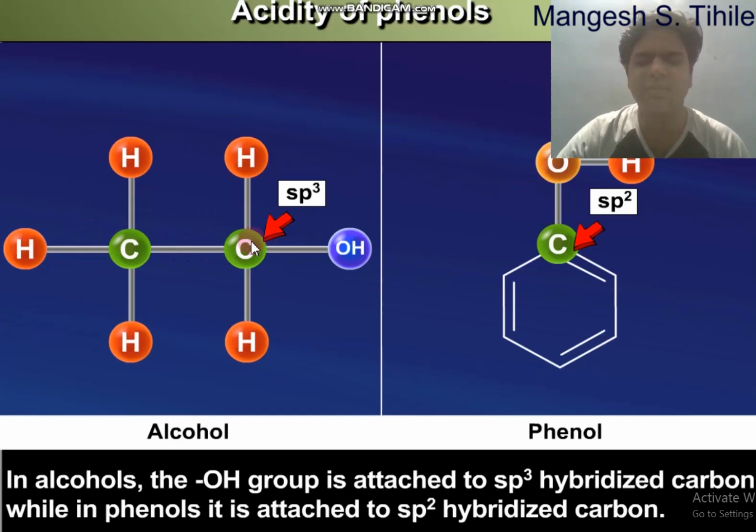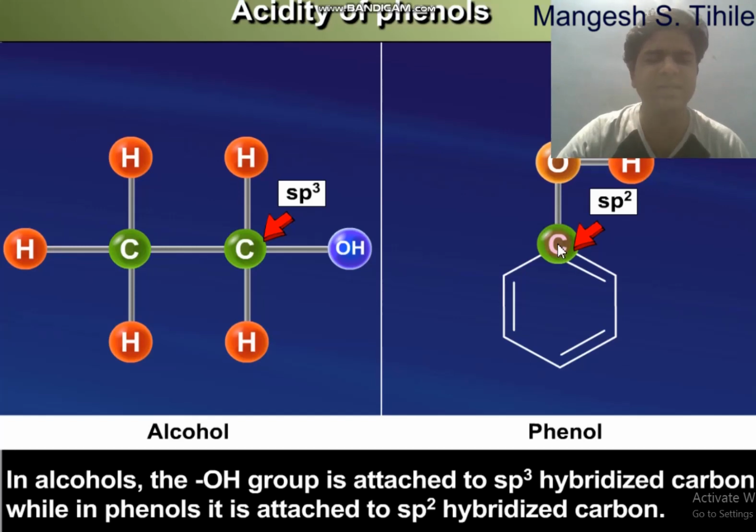The carbon in alcohol, which is sp3 hybridized, is already saturated, and by virtue of its saturation it does not require any more electrons from the hydroxy group, whereas the carbon atom in phenol is electron deficient in nature.